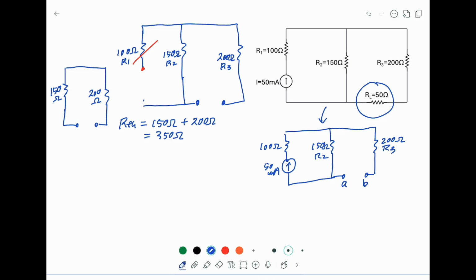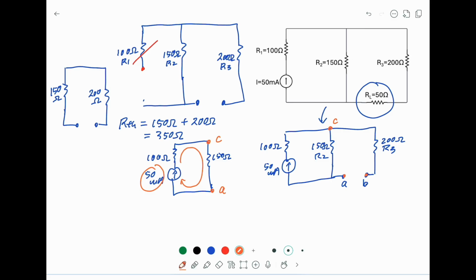Now I have removed the load resistor. And the voltage across AB is the same voltage as AC. So this is C and this is A. Now we have a current source. So this current will flow through this loop.